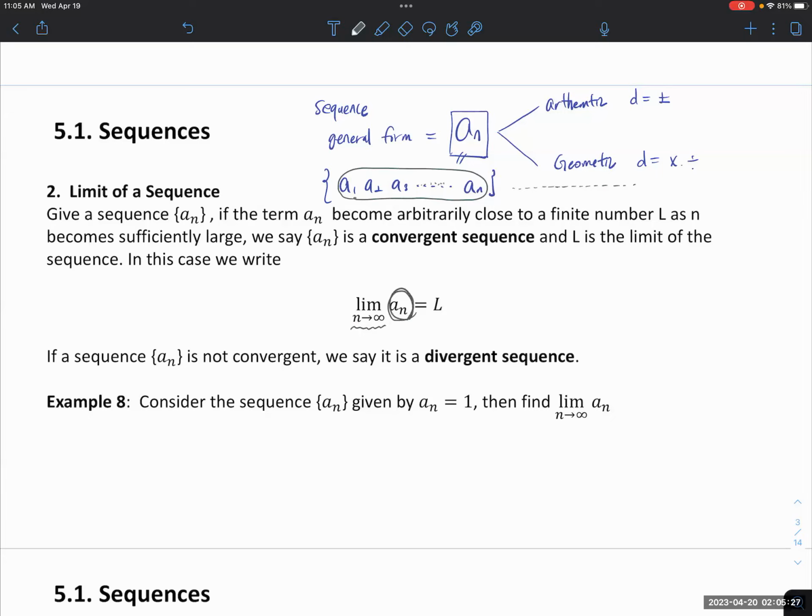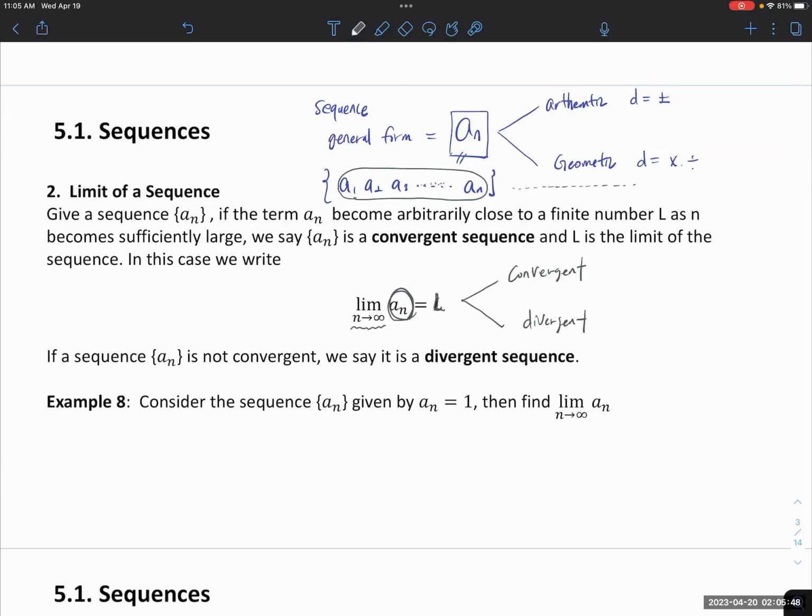So you have two options. One is convergent, and the other option is divergent. What that means is, when you take the limit of a_n and you find out they're heading to a certain number, then it is a convergent sequence.